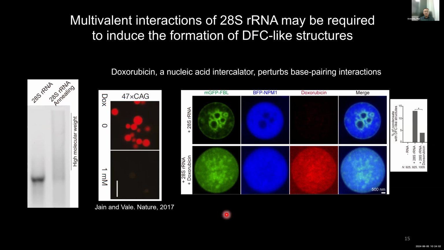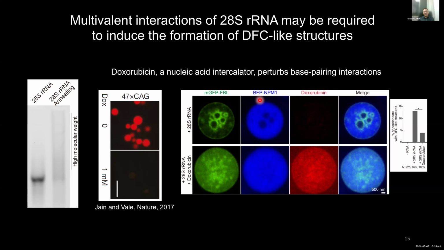Then we'd like to know if this interaction is indeed required for the induction of DFC-like structures. Previously, a beautiful study from Rob Ronville's lab showed that CAG repeat RNA is able to undergo phase separation in vitro through RNA interactions, and doxorubicin, a nucleic acid intercalator, can disrupt the base pair interactions and block the phase separation.